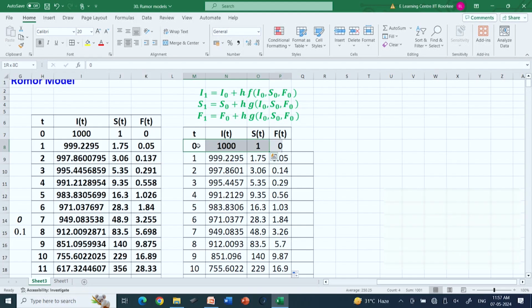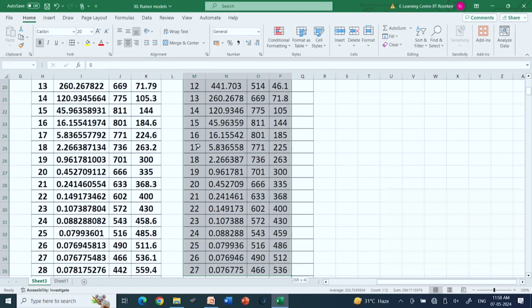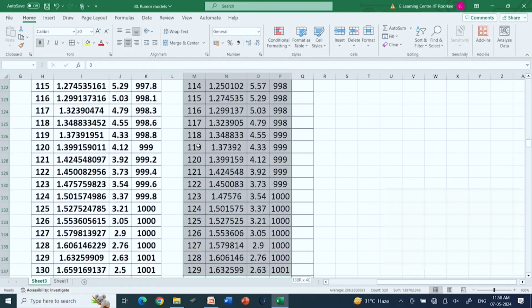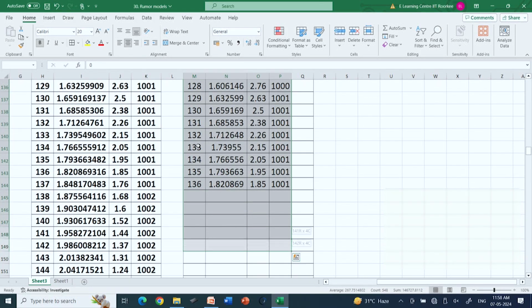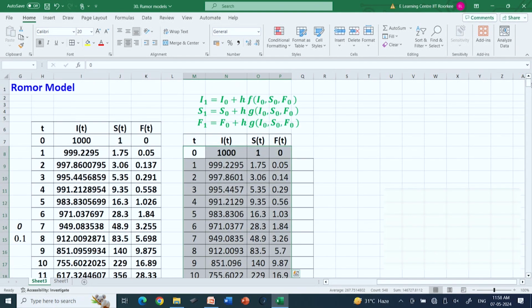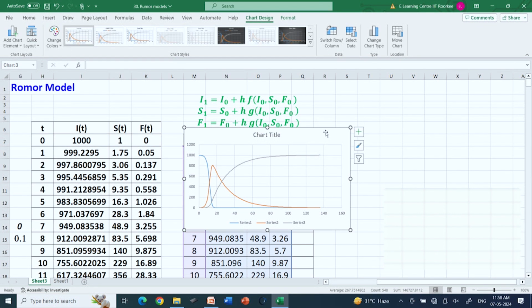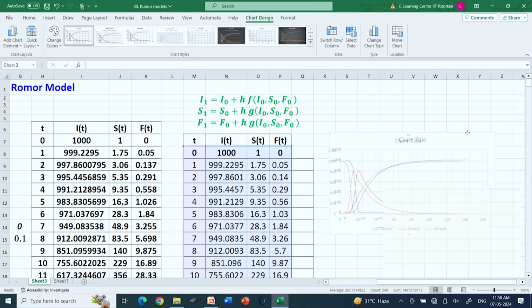So I highlight these values by pressing the shift key and the cursor. Go to insert, the scatter diagram, and this one. So the chart title is going to be rumor model.